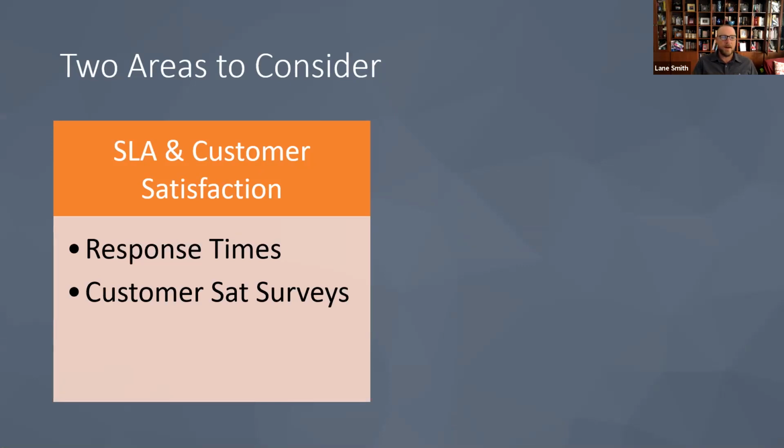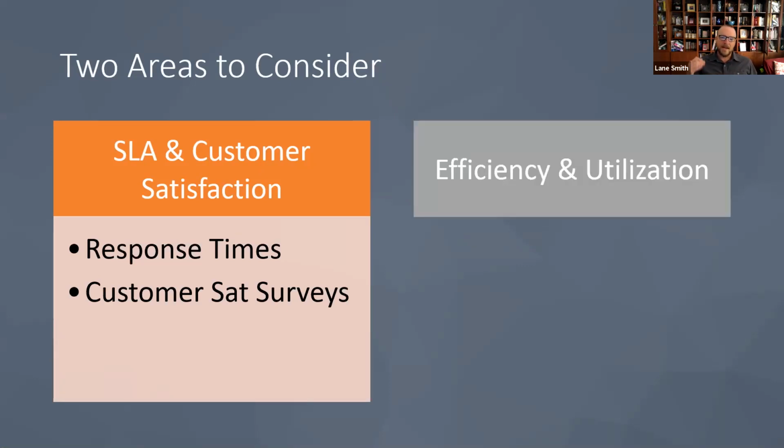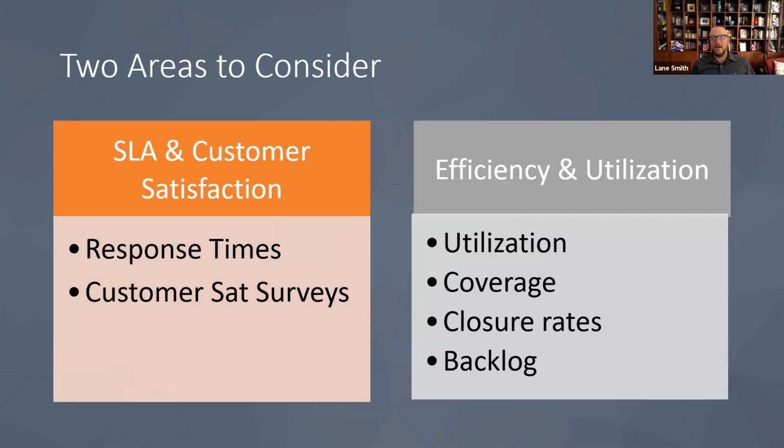And I'm going to spend some time on those. And the next thing is your efficiencies, so how are you doing against those metrics? And your utilization too is equally important, okay? So like utilization, coverage, do you have enough of the right skill sets in the office at any given time? What are your closure rates looking like? What's your backlog? And so let's take a look at some of these.